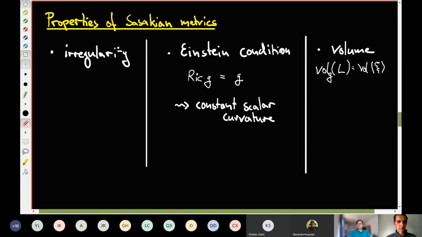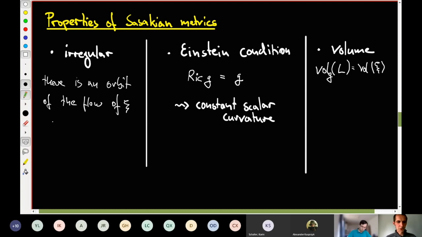And a Sasakian metric is called irregular if it corresponds to a choice of a psi such that there is an orbit of the flow of psi which is not closed. So it doesn't close to an S1.